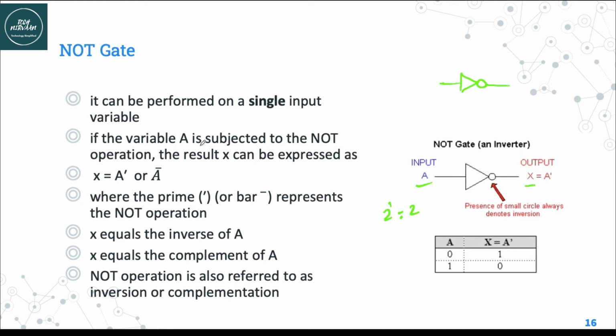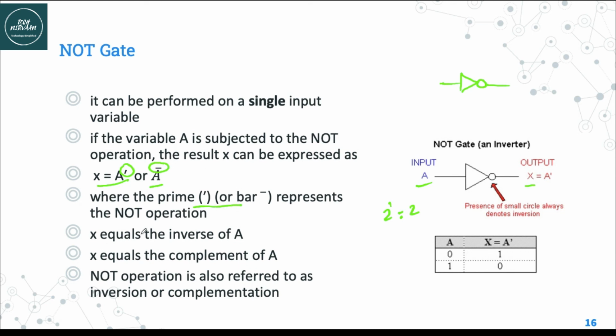So if the variable A is subject to NOT operation, the result X can be expressed as X is equal to A prime or A bar. We can write like this, A prime or A bar. So this indicates NOT or invert operation. Okay, prime or bar indicates NOT or inverse operation.